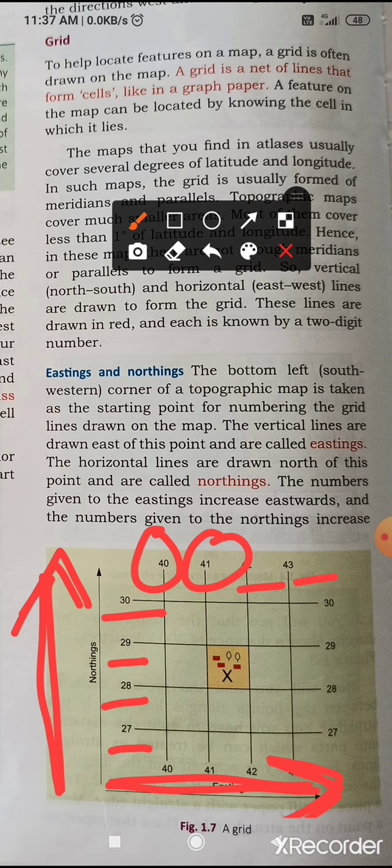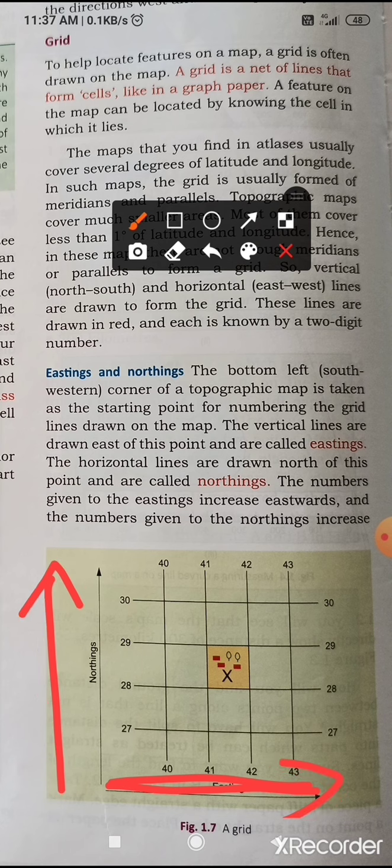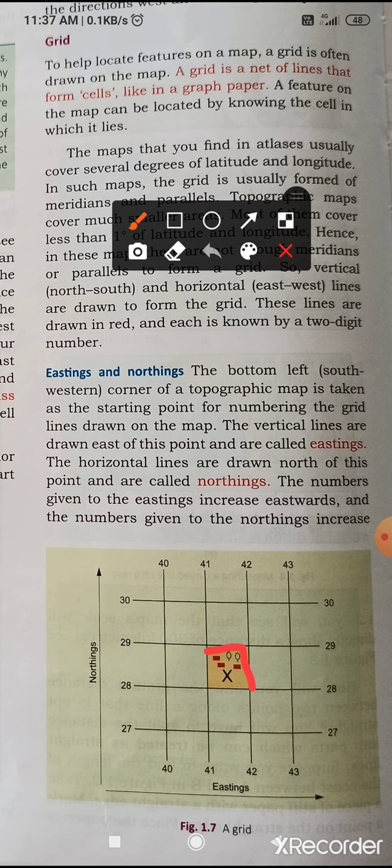Now if I ask you to find out the 4-figure grid reference of x, how can you find out? First of all, you have to check the cell where x lies. So we can see that x lies here.